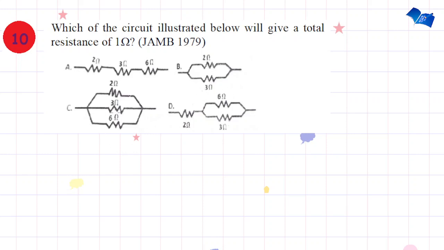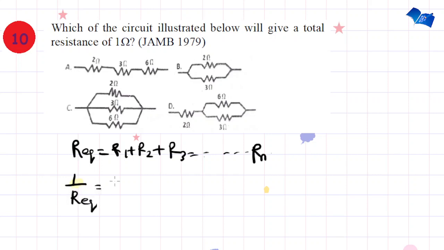Having known this, we also know that for resistors in series, the equivalent resistance is equal to R1 plus R2 plus R3 up to Rn. And for resistors in parallel, you have that 1 over equivalent resistance is 1 over R1 plus 1 over R2 plus 1 over R3 up to 1 over Rn.